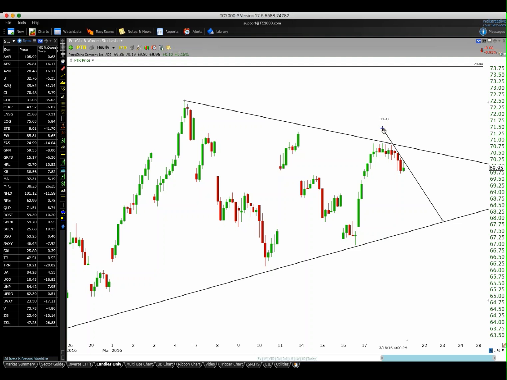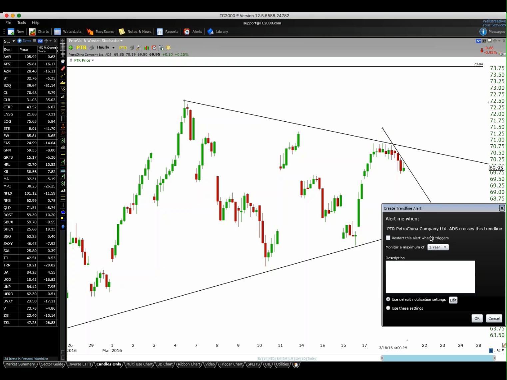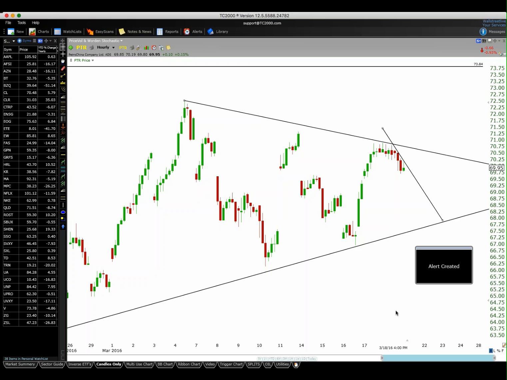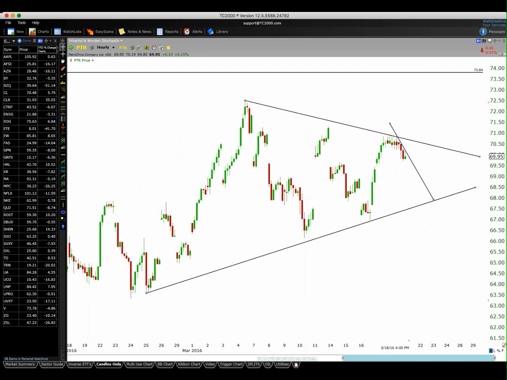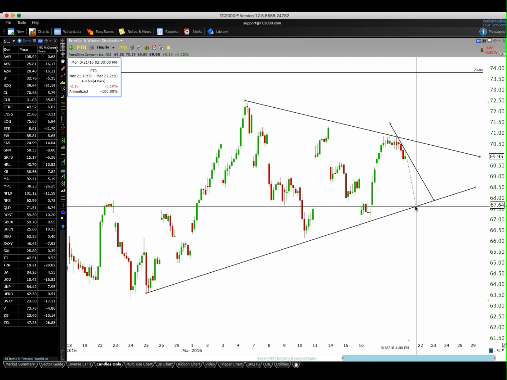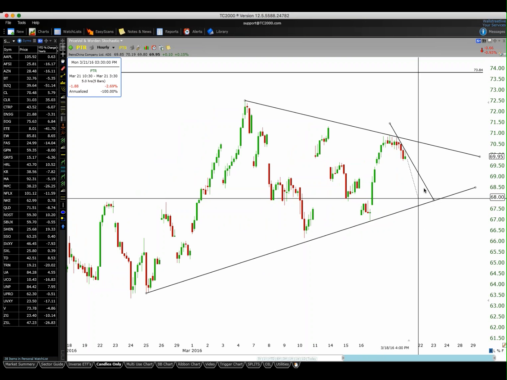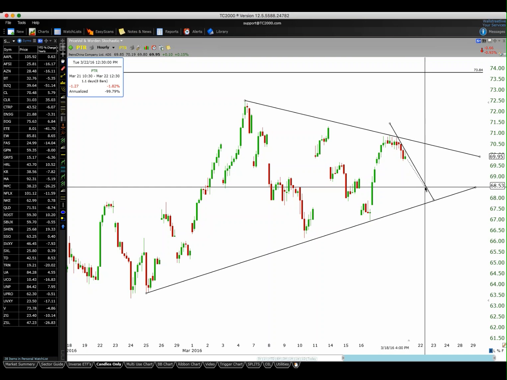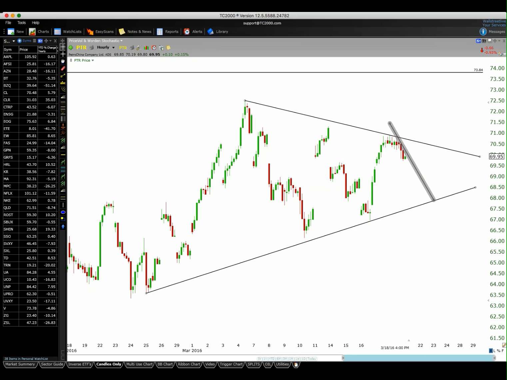And if I'm in puts right now, I want to know if this line breaks, and that's it. Even if it comes down really fast at this clip and hits this line, even if it bounces up to this and hits this, I don't care. Even though it moves 50, 75 cents to the upside, I don't care. As long as it doesn't break, I can manage it.